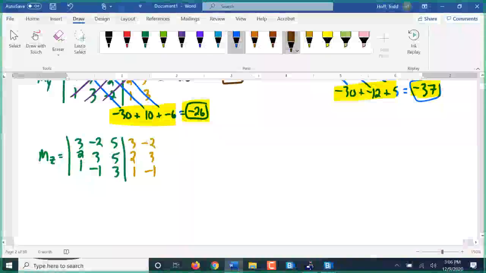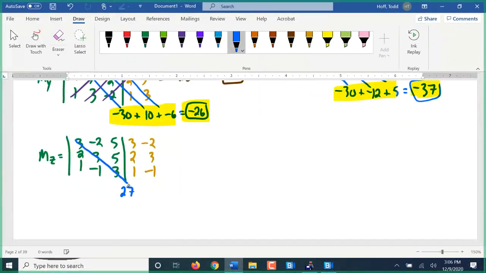And for my Z matrix, I still need to do my diagonals. So I've got 3 times 3 times 3 is 27. -2 times 5 times 1 is -10. 5 times 2 times -1 is another -10, which gives me a down diagonal total of 7.